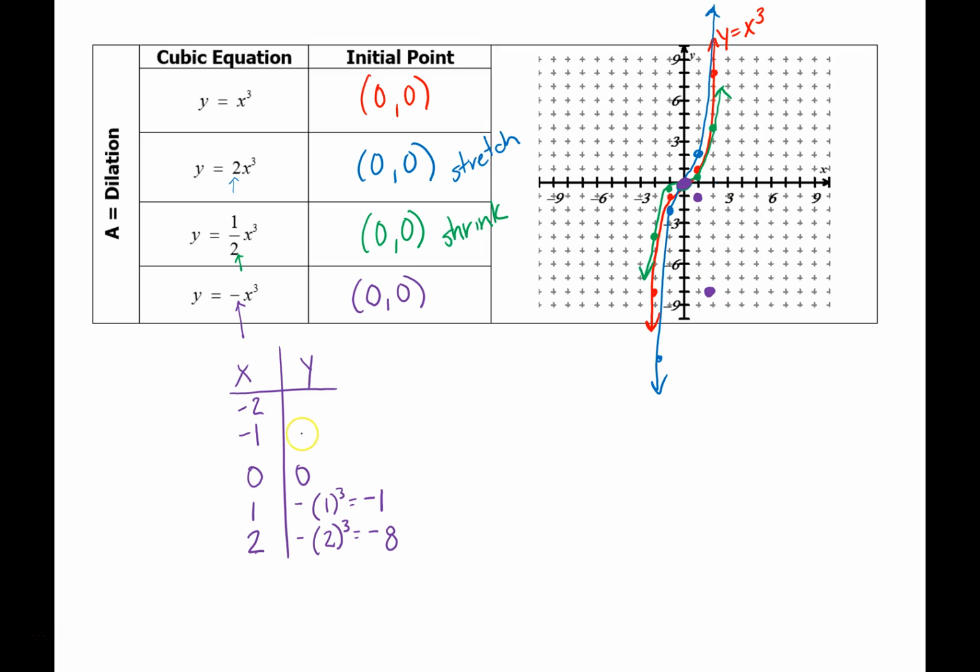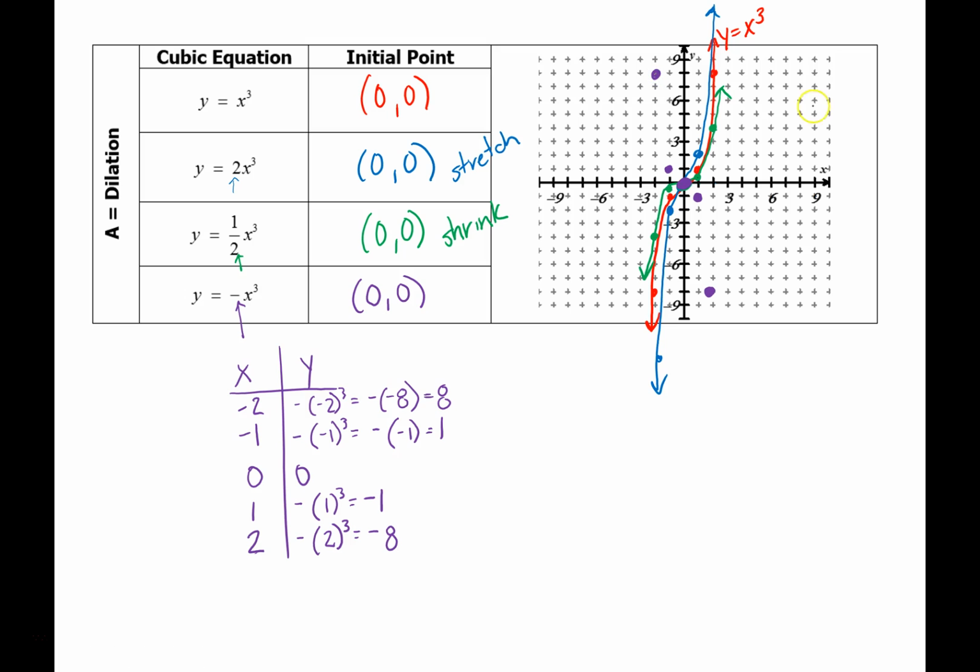At negative 1, negative 1 cubed is negative 1. So negative 1 times negative 1 is positive 1. Oh, look at what's happening. When we evaluate at negative 2, negative 2 cubed is negative 8. So negative times negative 8 is positive 8.